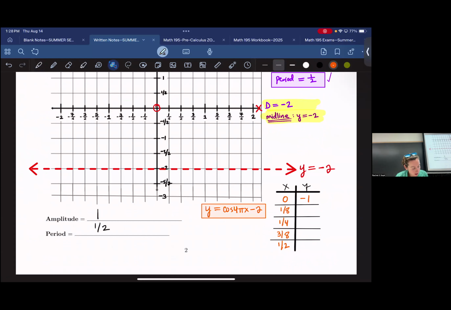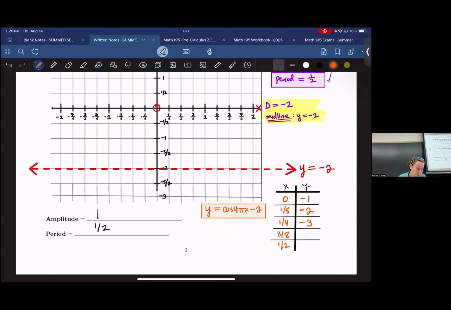Okay. So now let's plug in 1/8 for x, which makes us looking at cosine of pi over 2. And what's cosine of pi over 2? 0. 0 minus 2 gives you -2. Now, if we plug in 1/4, we're looking at cosine of pi, and cosine of pi gives you -1. Minus 2 gives us that absolute minimum at -3.